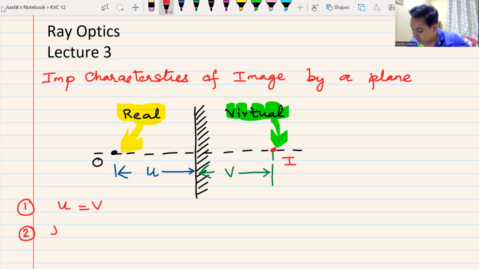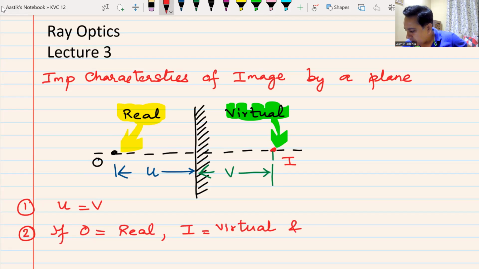Do we understand this? I am writing it in short. If the object is real, the image will be virtual. If the object is virtual, the image would be real. Are we getting this point, or is it going way above our understanding?